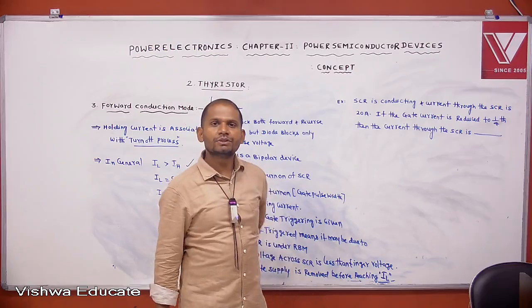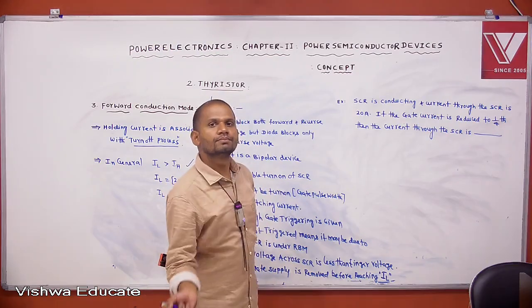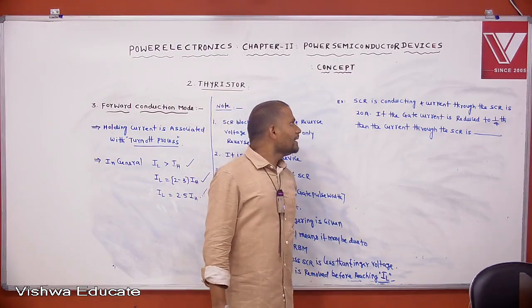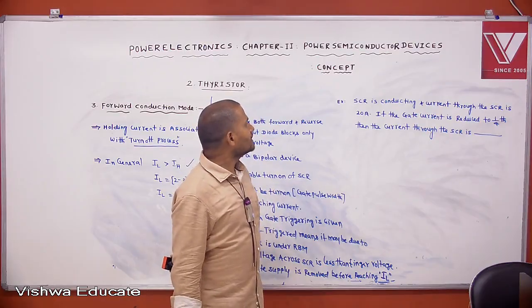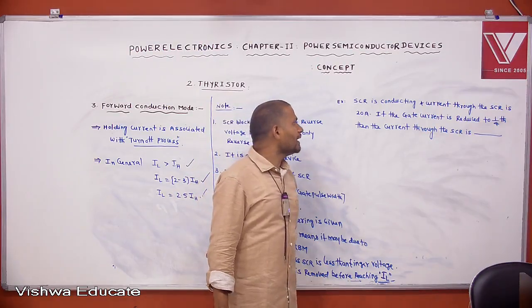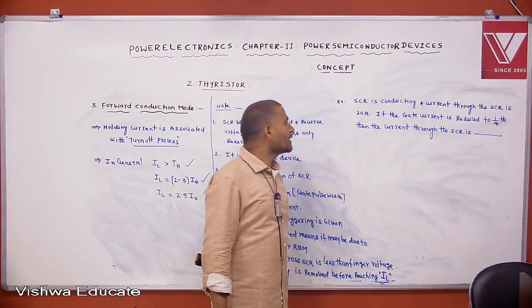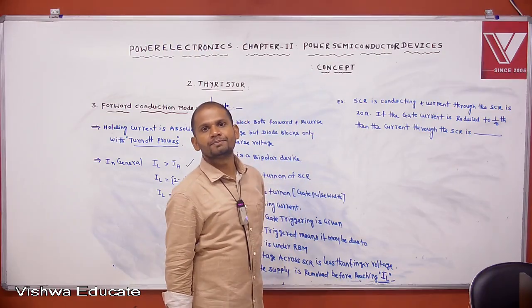Can you answer this question? SCR is conducting and current through the SCR is 20 ampere. If the gate current is reduced to 1/4, then the current through the SCR is dash. Yes.